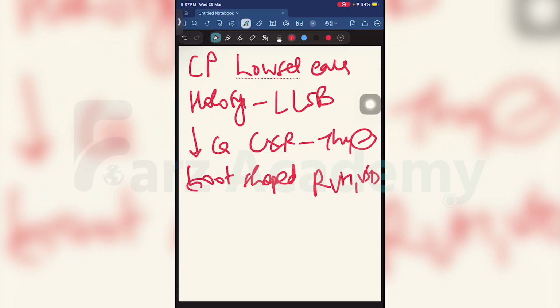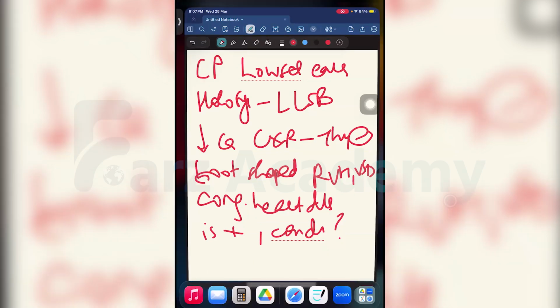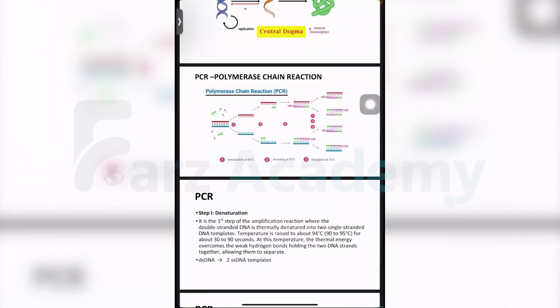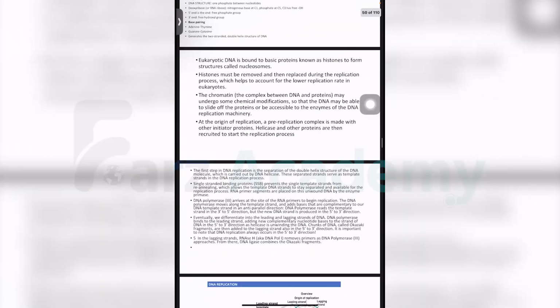Which of the following congenital heart diseases is present in this condition, and what is this condition? We have discussed this. Cleft palate, low set ears, cardiac disease, hypocalcemia, absent thymic shadow. What was this disease?